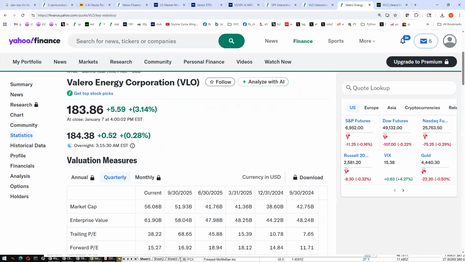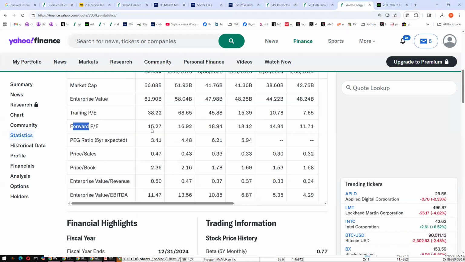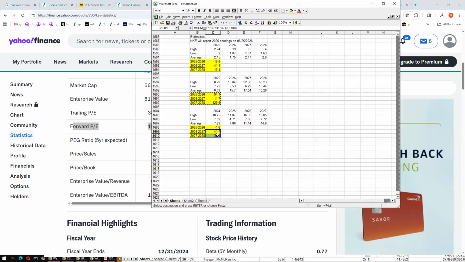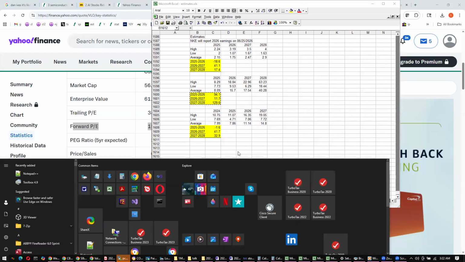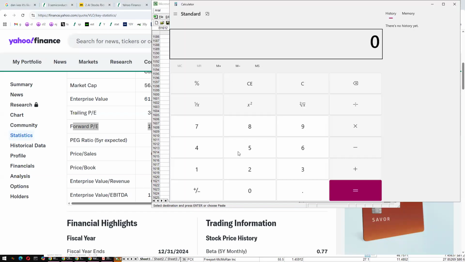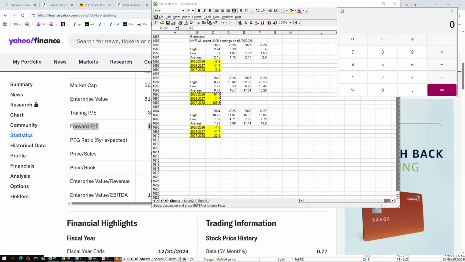And let's look at the Yahoo Finance statistics. The forward PE is 15. So if they're growing at 40, they're half undervalued right now, Valero. The way you figure out if it's overvalued, if it's a PE of 15, you divide 15 by 40.